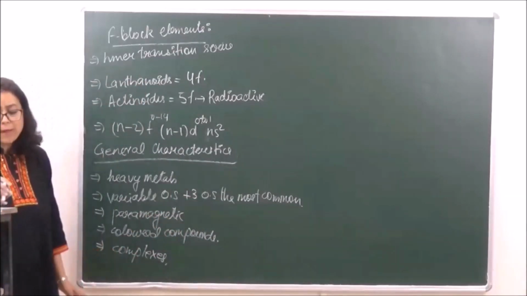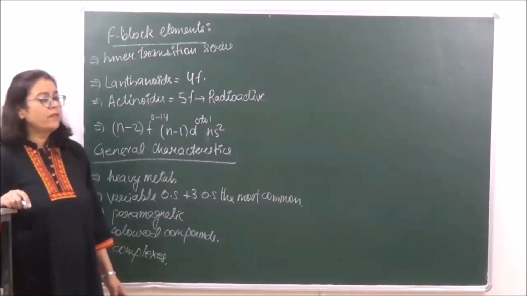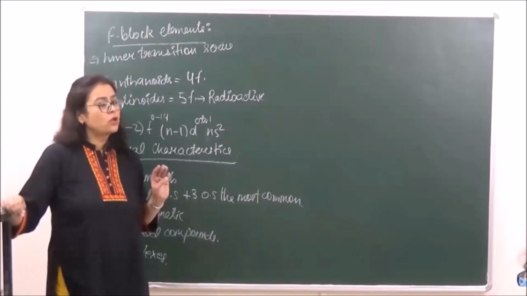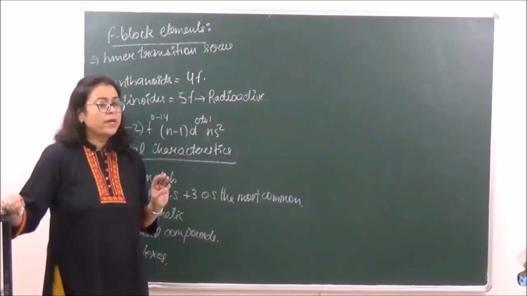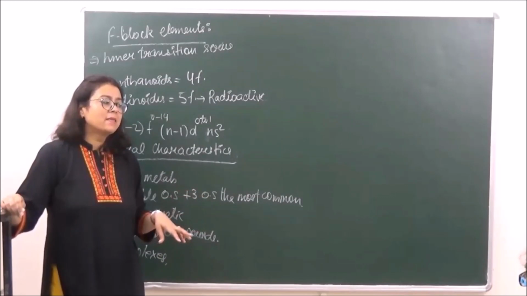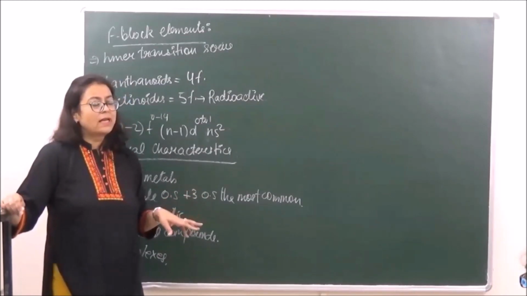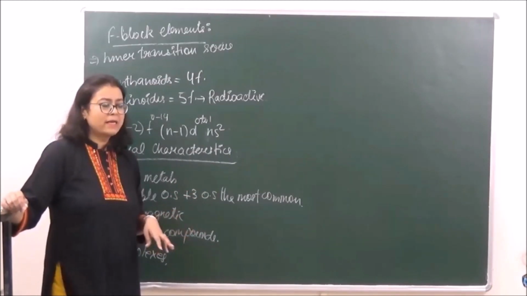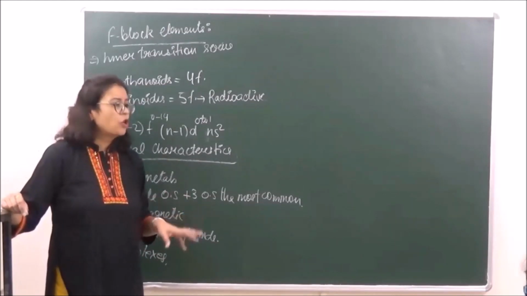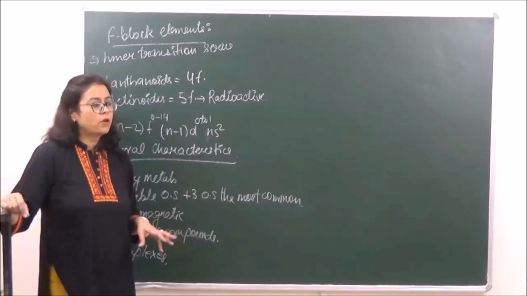The only two drawbacks in the periodic table were, first, the position of hydrogen was controversial. Hydrogen has the same problem: it had similarities with the alkali metals and it also had similarities with the halogens. So this could not be rectified in the long form periodic table.